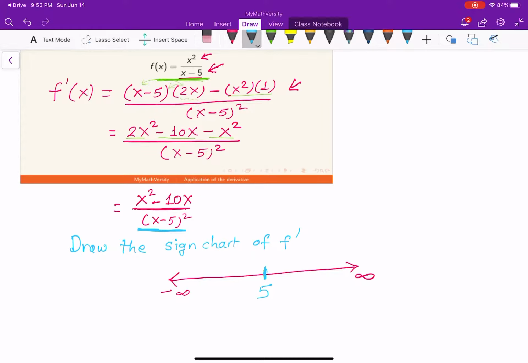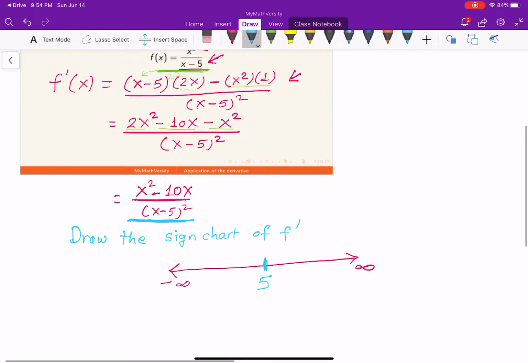You can see that in this example we have already obtained this f prime, which is x square minus 10x divided by square of x minus 5. This is again a rational form, and where this function does not exist is again where the denominator is 0, that means when x minus 5 is 0. So f prime also does not exist at 5, but that number is already here, so we don't need to repeat that again.